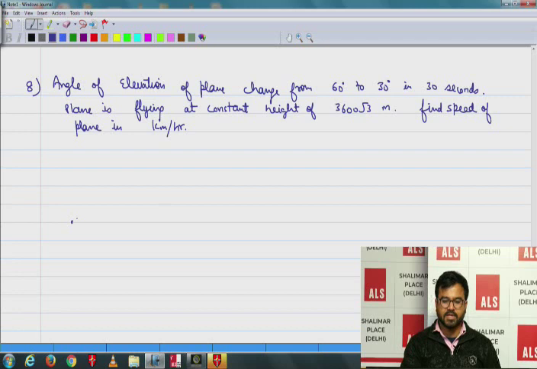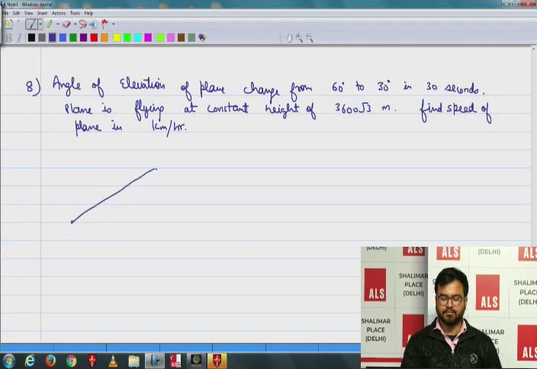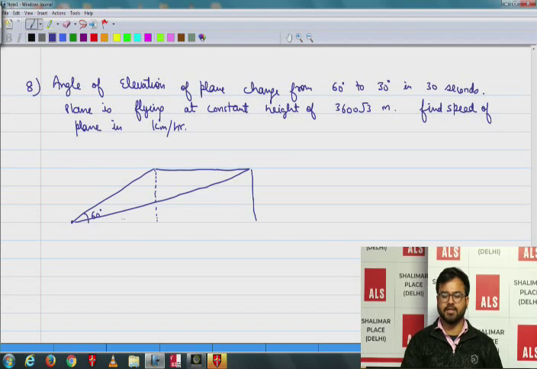So the diagram goes like this. Earlier the plane was at an angle of inclination of 60 degree, like this was 60 degree, then after some time it changes to 30 degree, like this.